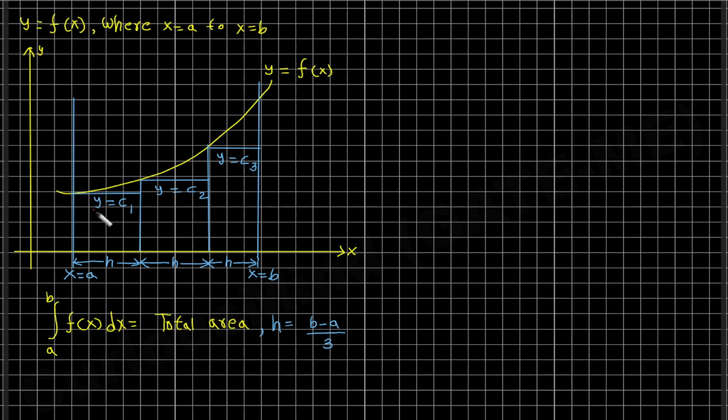And this type of assumption, where we approximated this area under the actual function y equal to f(x) between this interval into a simple area of a rectangle.